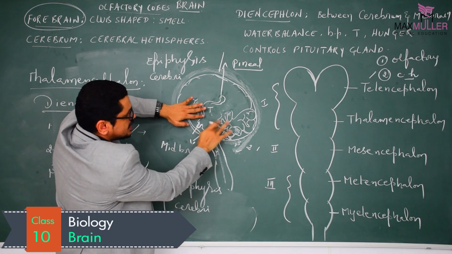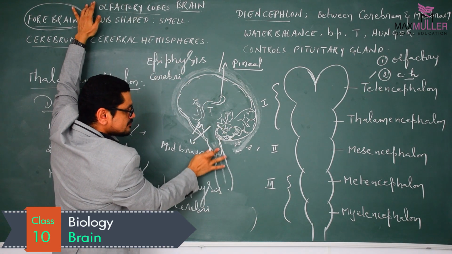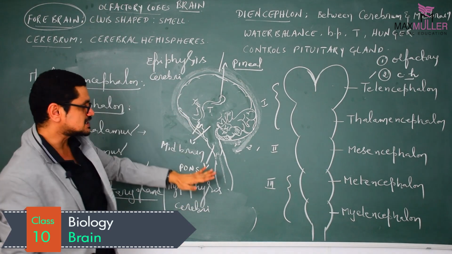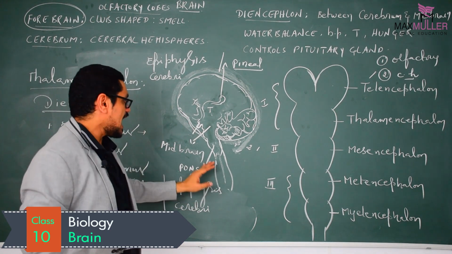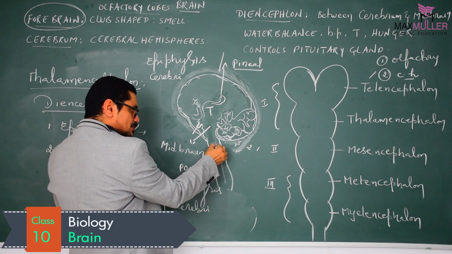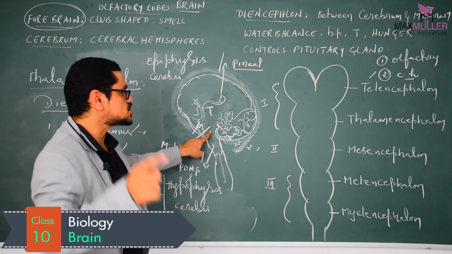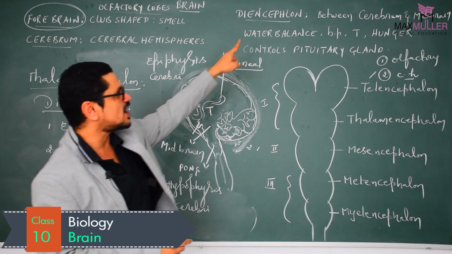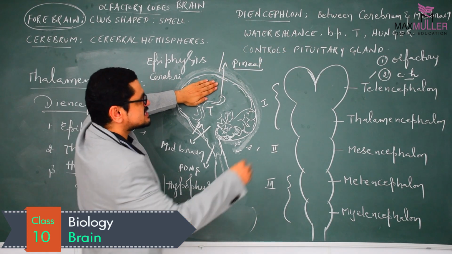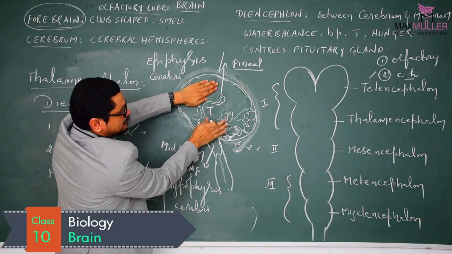This is called midbrain, and this area is called pons. I will explain. So this is the thalamus, and this is the pons area, and this is midbrain. So what is the location of this diencephalon? You see there, the cerebrum, and the brain is between the cerebrum and the midbrain.